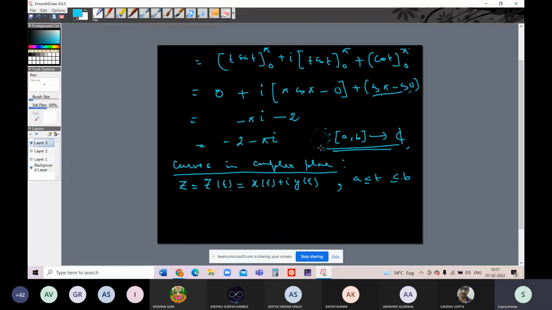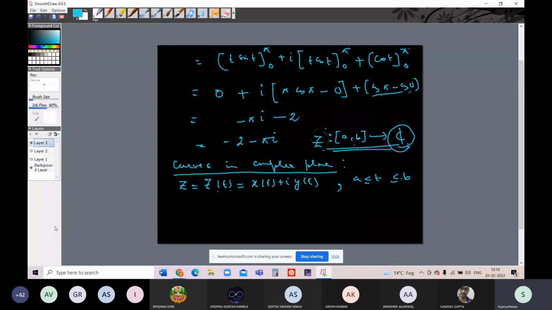So here this z is a function from an interval to complex plane C. Then this gamma is called a curve in complex plane, because corresponding to every t in this interval we will get a z(t), and z(t) will be a member of this complex plane C. So this complex valued function can also be represented by its real and imaginary parts, x(t) plus i y(t), and this t lies in the closed interval a and b.